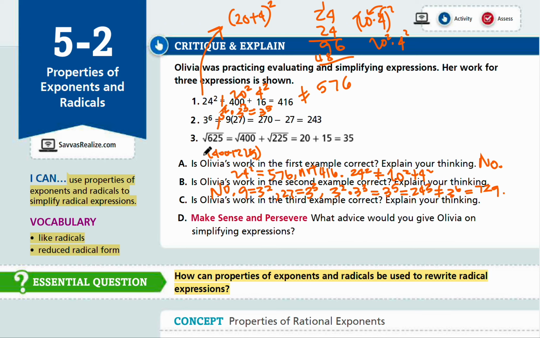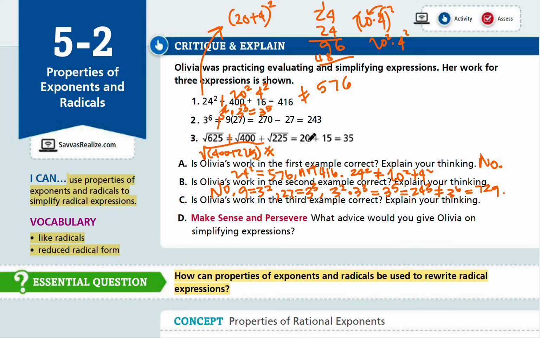Yeah. But that square root is after you add them. So this one is first. It has to be 625 and then the square root. You can't change the order of operations. So this is like changing the order of operations, and that's not true. And this is not equal to each other.